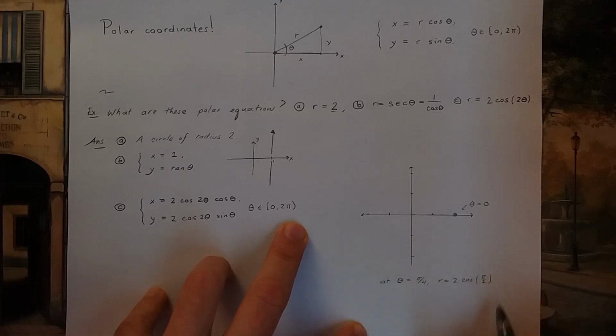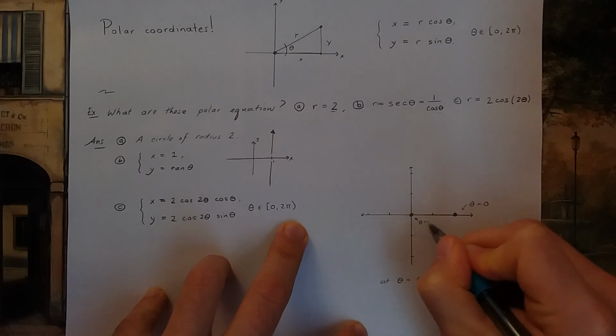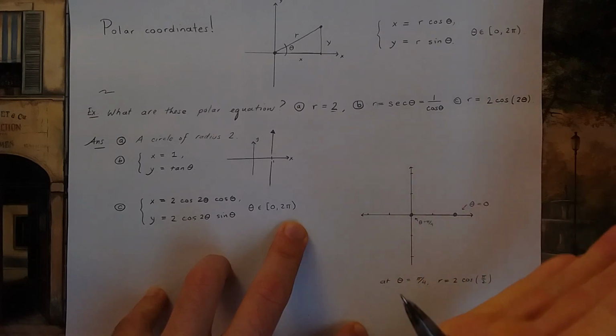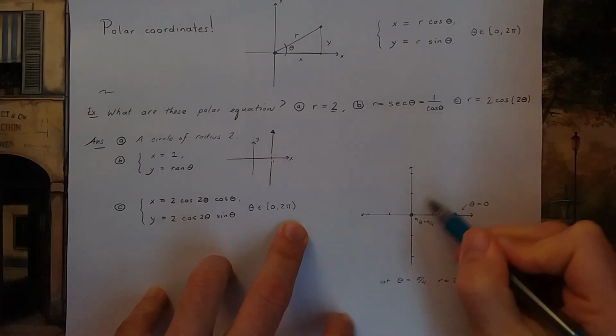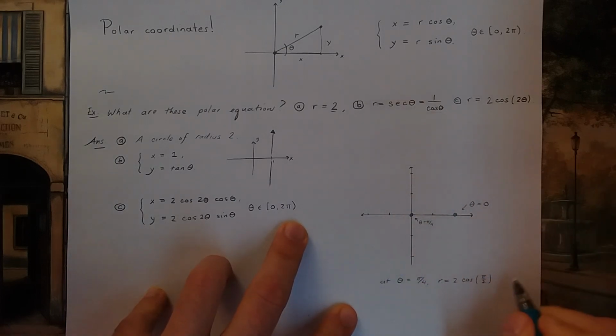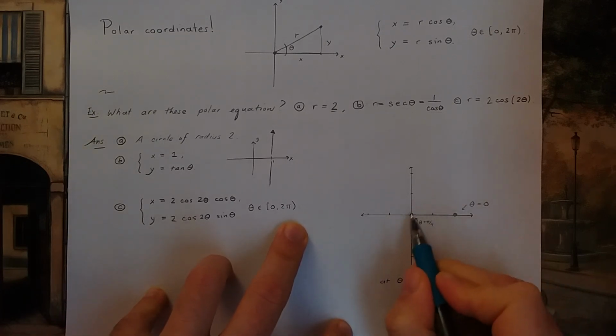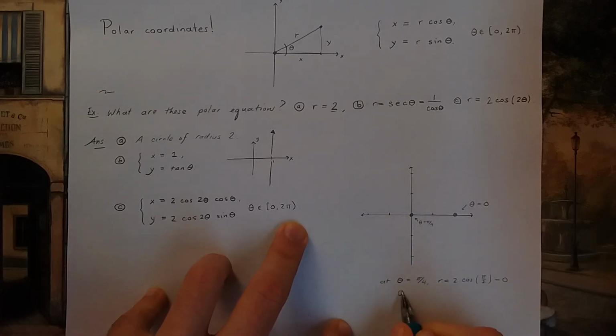Now, cosine pi over 2 is 0. So at pi over 4, I'm right here. I rotate pi over 4 radians, so I'm at a 45-degree angle, and then I don't leave. I just stay at r equals 0. Actually, that didn't tell me much about what happens in the middle here, so why don't we try another value?